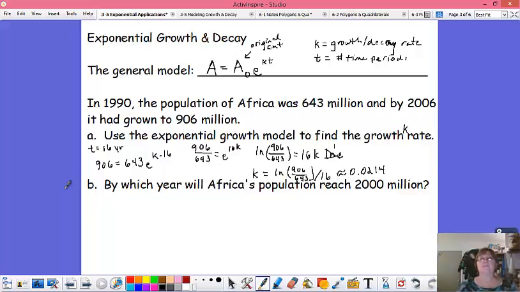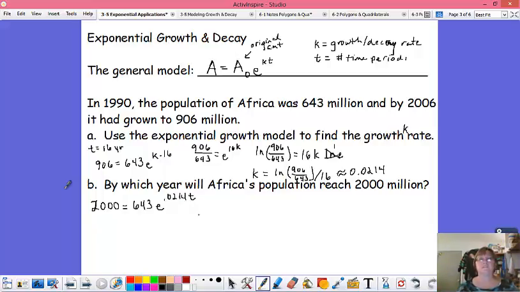By which year will their population reach 2,000 million? Okay, we had it at 906, but we started at 643. So we are looking for the year when their population reaches 2,000 million, or 2 billion. And according to our equation now, that would be 643 starting point times e raised to the, we know k because we just solved for it, 0.0214 times t.